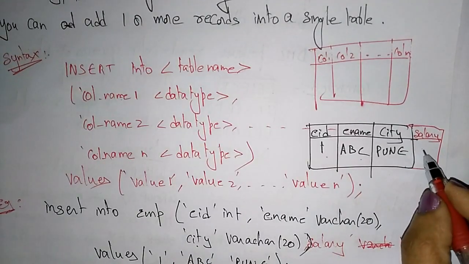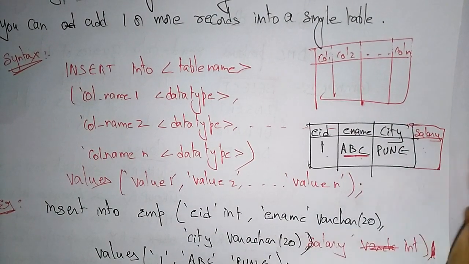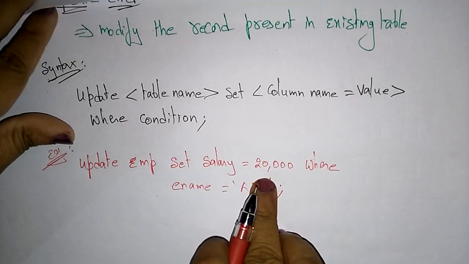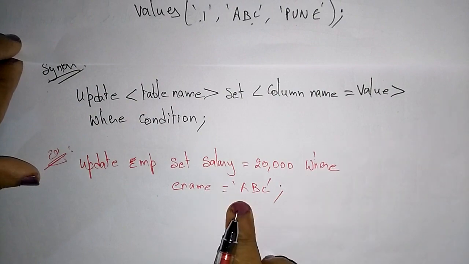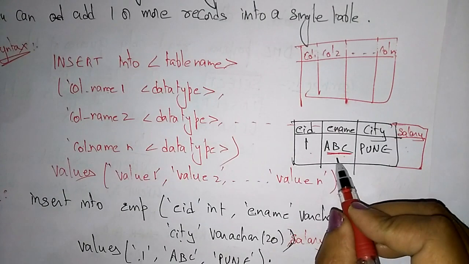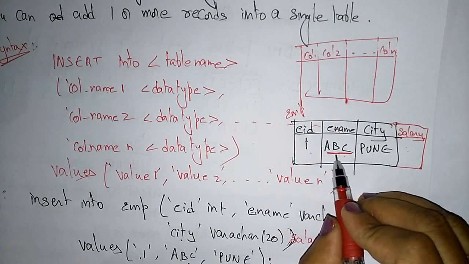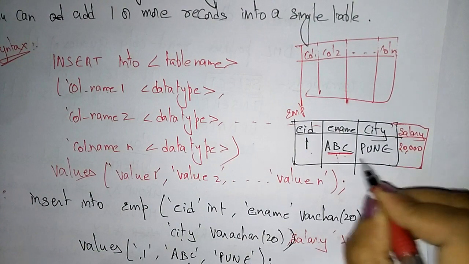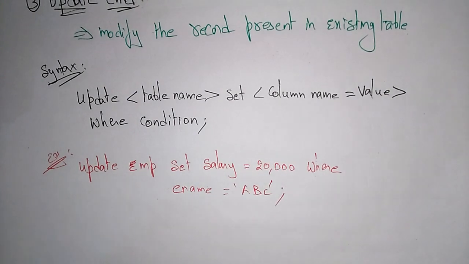Now I want to update the person who has the name ABC. So update employee set salary is equal to 20,000 where E name is ABC. ABC is the E name in the employee table, and I want to set salary 20,000 for this ABC person. So this is how you have to use the update command.